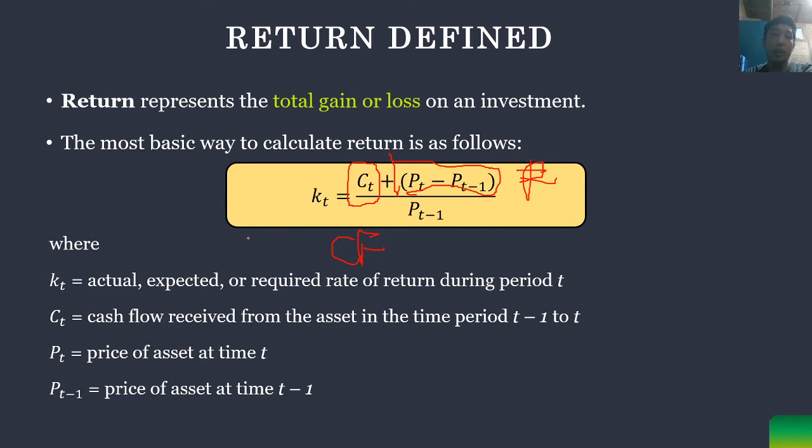So, syempre, you add the dividends received from those stocks and then the change in price, di ba? Ngayon, minus yung price nung nabili mo yung investment, di ba? Yung prior period's price. All over the prior period's price. So, that is how we calculate return.